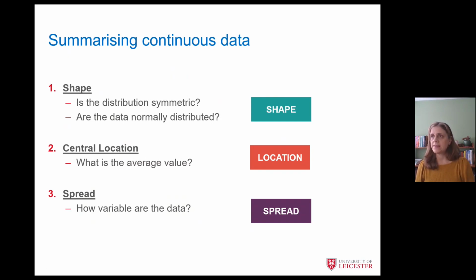So you need to understand the distribution of your continuous data, and that will indicate which measure of location, which is the average value of your outcome for your sample, so which measure of central location you use and which measure of spread you use, are both dependent on the shape of your data. So we'll talk through all these so you can see what I mean.